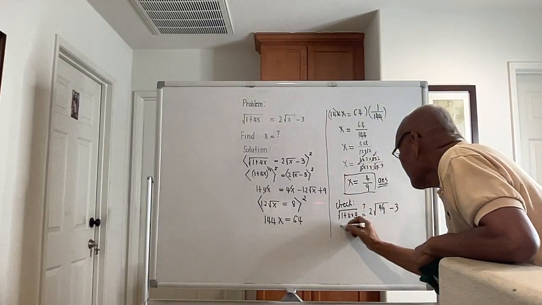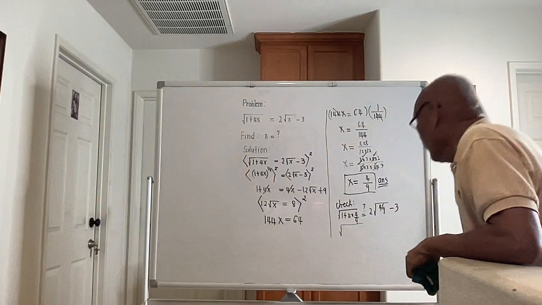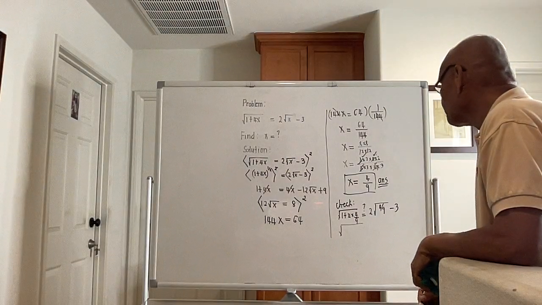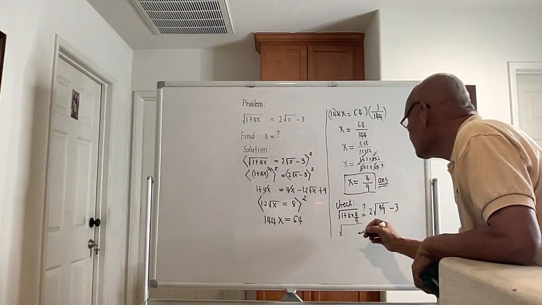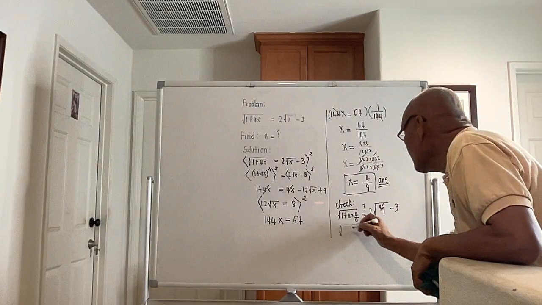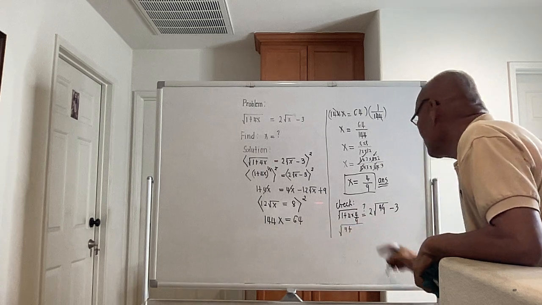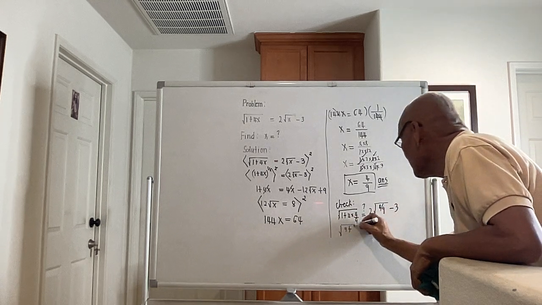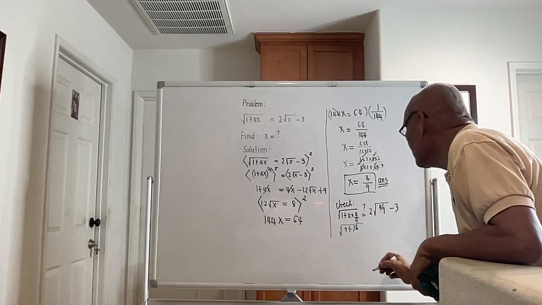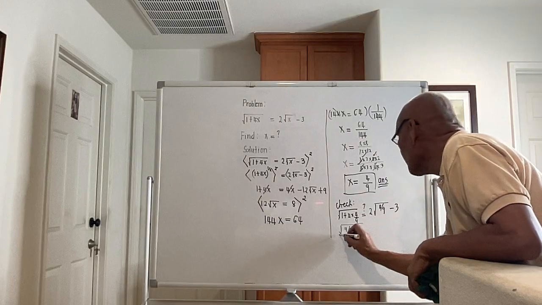If we try to simplify the left hand side, 9 times 1 will be 9, plus 4 times 4 will be 16.